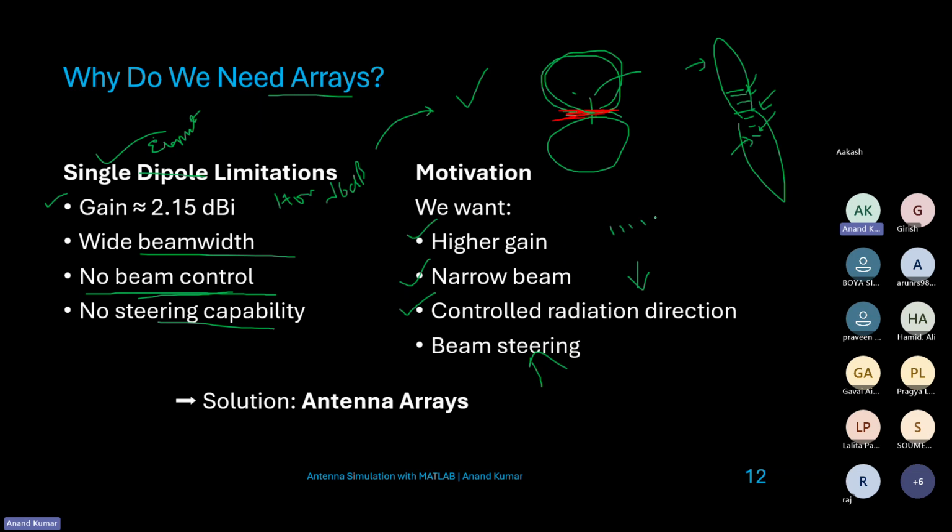For example, if you introduce several elements over here and keep changing the phase of these elements, you can keep tilting the beam in different directions to do scanning. So that's how the phased array works, and that is a logical step. But before that, we must learn how to design normal regular arrays, and then we can do a phased array.